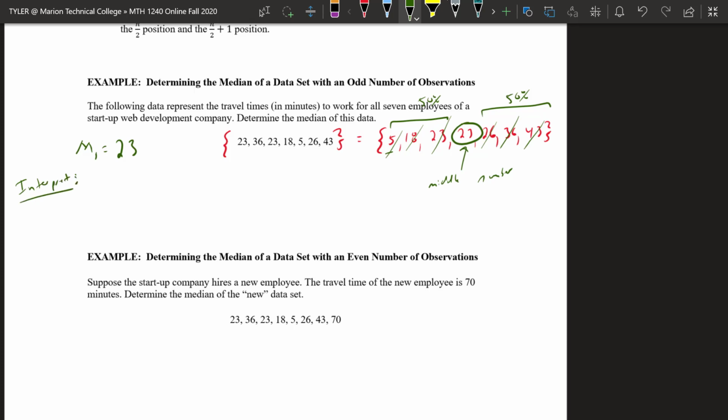The interpretation that I would give for this median value, and we want to do this in context, because it's important to understand where these data values came from, and this was a data set that we had just worked on the last page. A sample interpretation of this median value is the following.